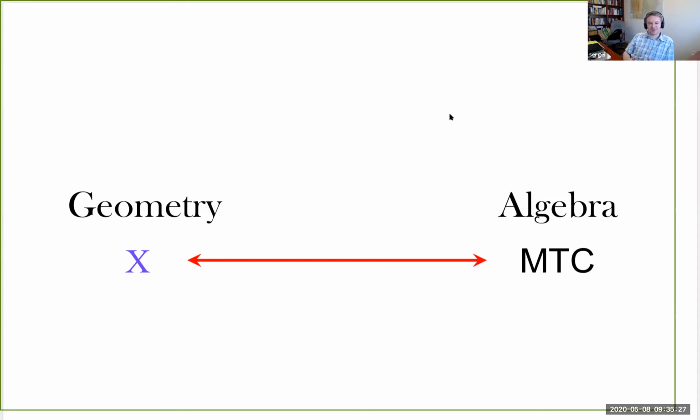Once you become more fluid in this going back and forth, the right thing to keep in mind is, if we're discussing the geometric side, to ask what is the algebraic side of this correspondence, or vice versa. If I present on some slide a modular tensor category, the question would be, what kind of geometry corresponds to this modular tensor category or related structure?